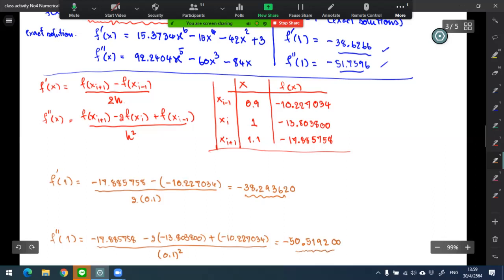And after that, we have to find the percent error with respect to the exact solution. For the percent error in this case, what is it? Minus 38.29362 minus the exact one.